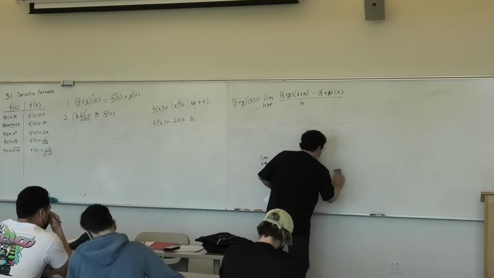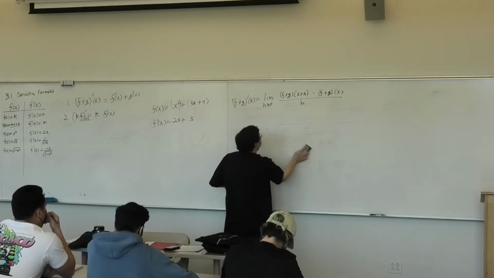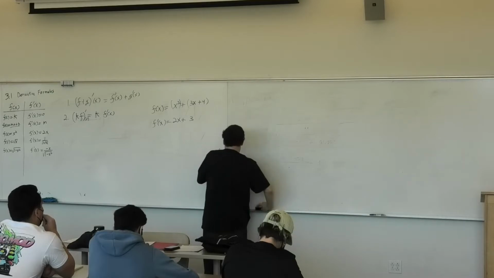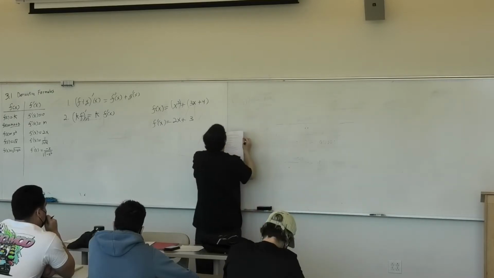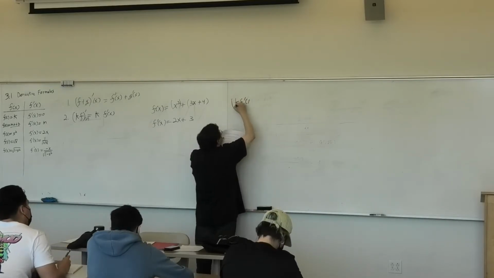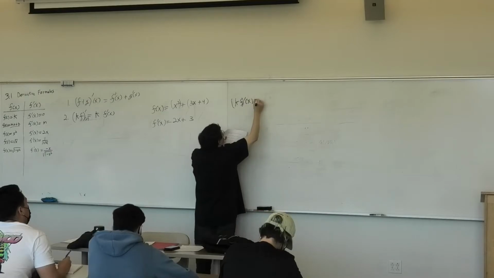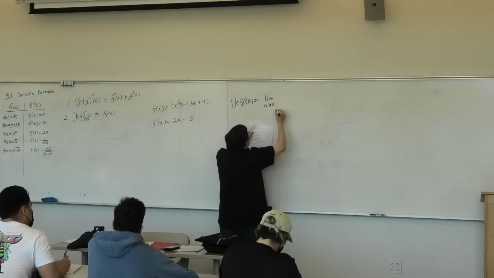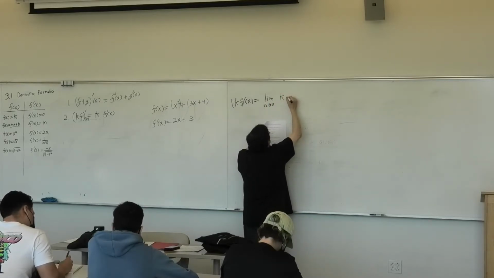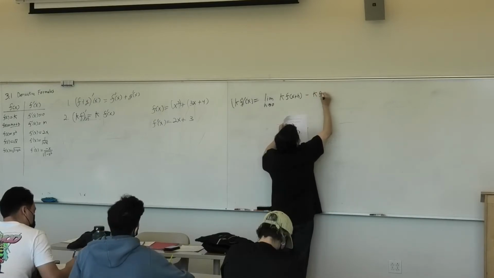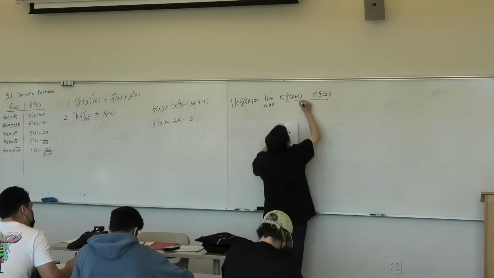Once again, the proof here is pretty straightforward. k f prime of x is going to be the limit as h approaches 0 of k f of x plus h minus k f of x over h.